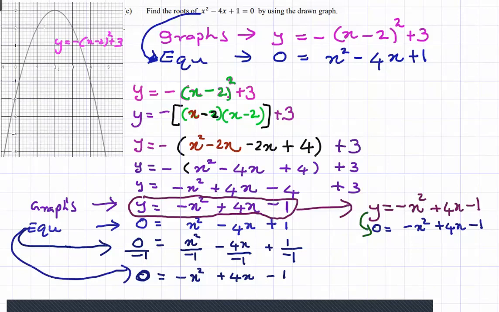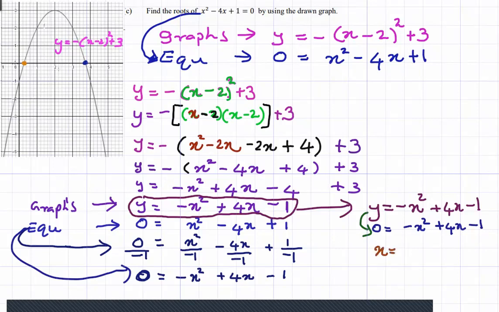So first we got to identify the points where y is 0. What are the points in which the y coordinate is 0? That is this orange point and this blue point. So at the orange point, y is 0. So when y is 0, what's x?